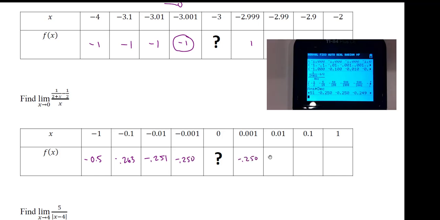And then on the other side, -0.249, -0.249, -0.238, and finally a -0.167. So again, close to 0, seems to be getting close to -0.25, and indeed the answer to this one is actually -1/4.